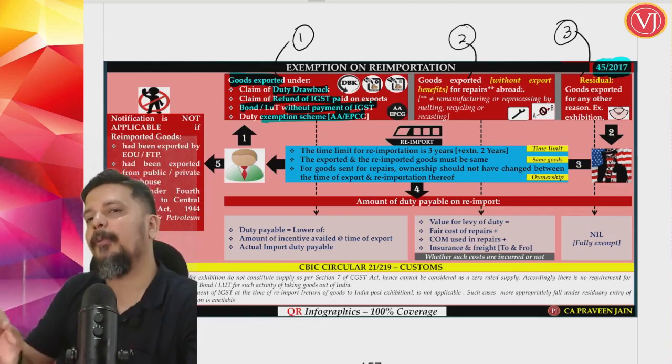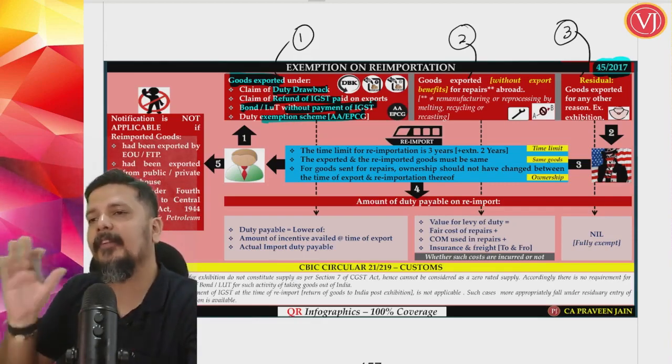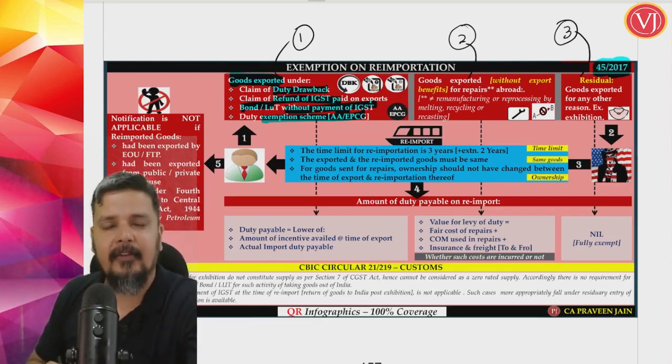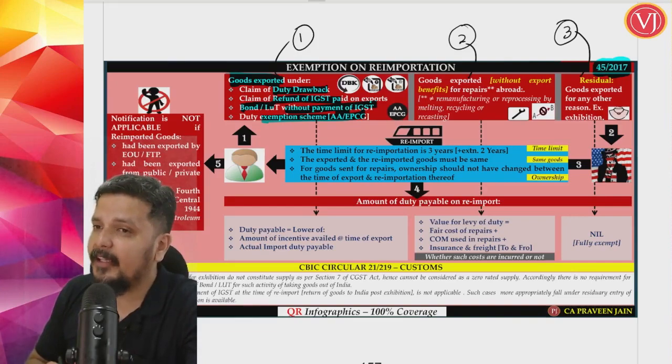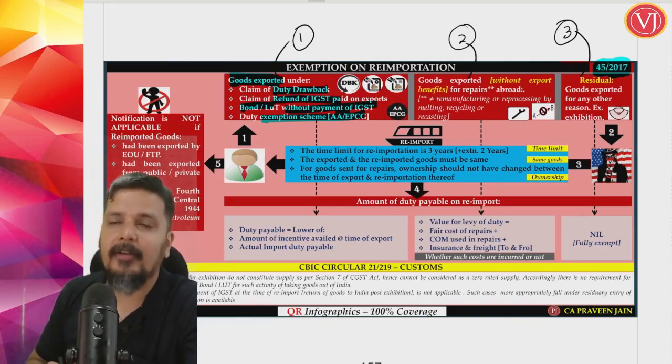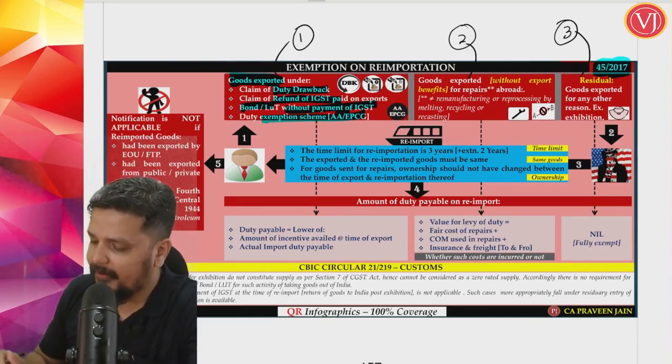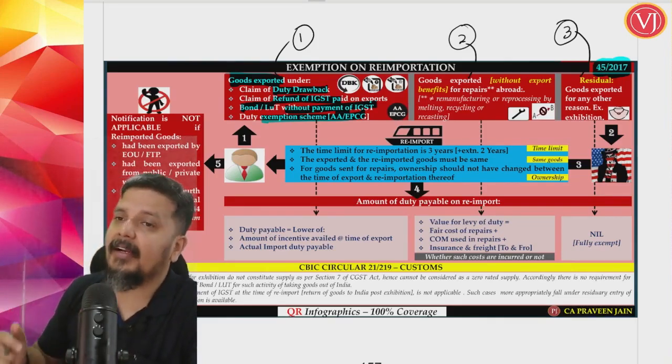You have exported goods taking export benefits, be it customs benefits or GST benefits or foreign trade policy benefits or a combination of all. You have taken the benefit of exports, be it under any law. Now, what is happening? The goods are re-imported.